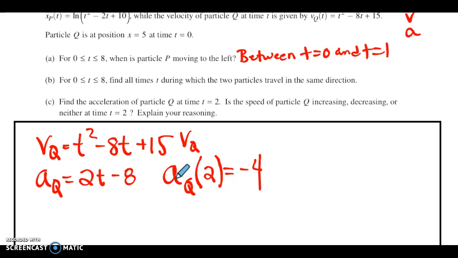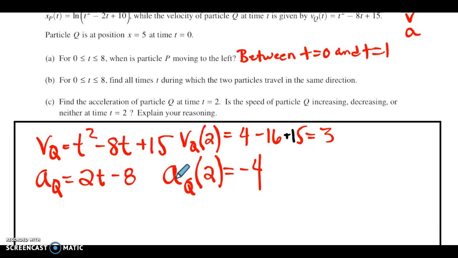VQ equals... VQ of 2, I'm going to put 2 into there, is equal to 4 minus 16 plus 15, which equals 3.